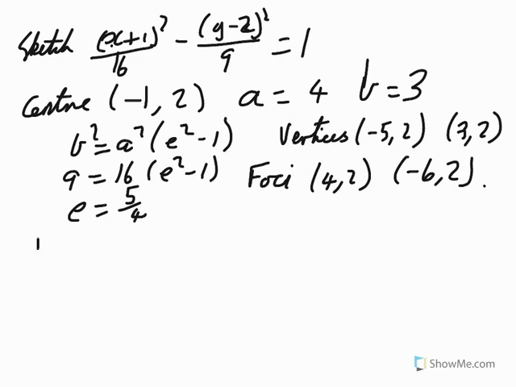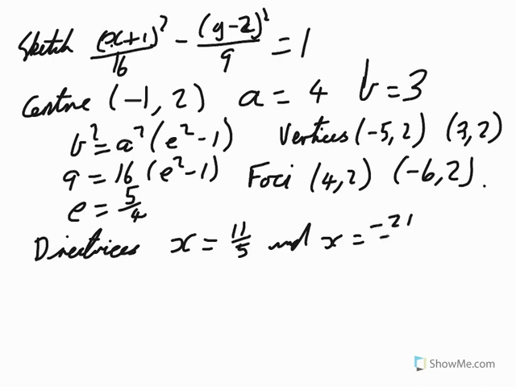There's that. Our directrices, plus or minus a on e plus h, so when we do that, you get x equals 11 over 5, and x equals negative 21 over 5.